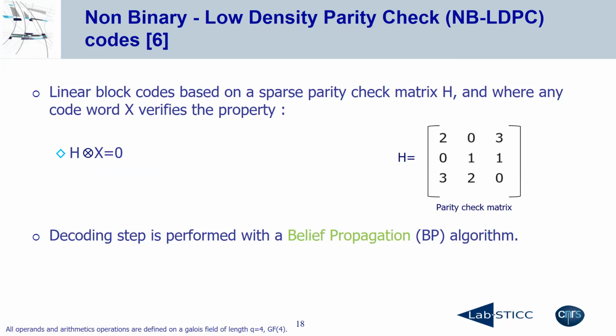The second part of the decoding algorithm is the channel decoding with the non-binary LDPC code. This code is a linear code based on a sparse parity check matrix, where any codeword X verifies this property. Also, we used a Galois field of order 4 to be consistent with the DNA alphabet.